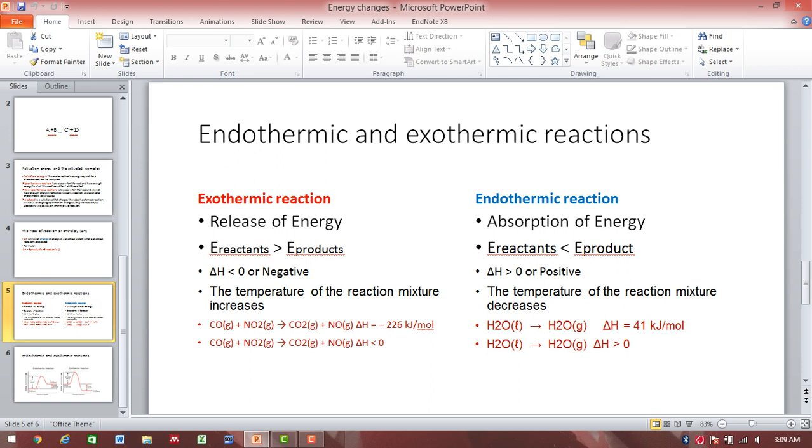Now the moment you see negative 226, you know that there has been a loss of energy, because we have a negative value, a value less than 0. Therefore we know that this is what we call the exothermic reaction. But where we have delta H being positive or greater than 0, then we know that the reaction is endothermic.